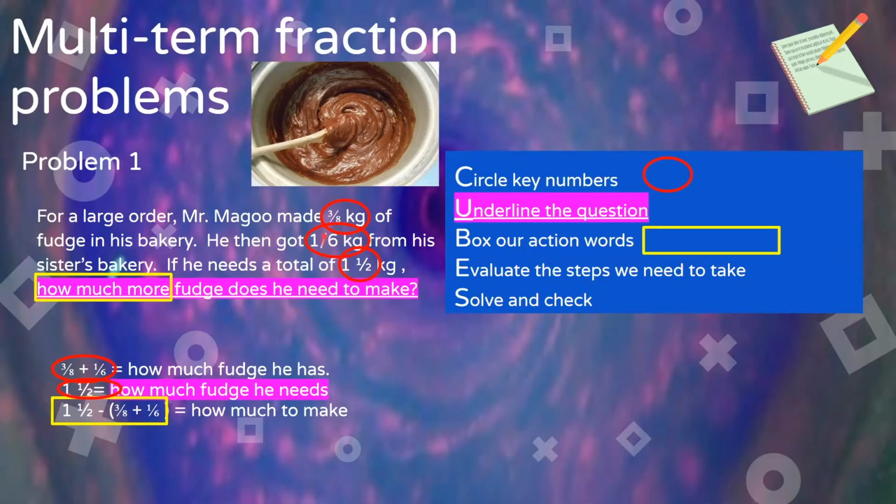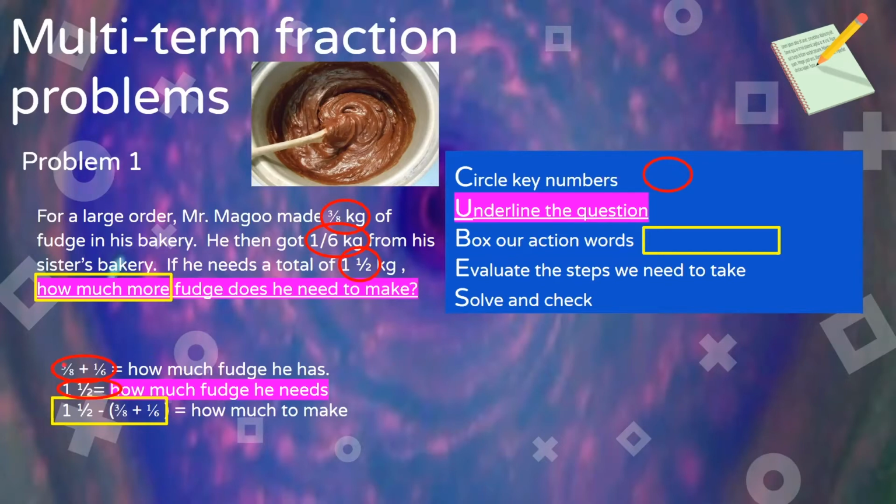So now we've circled what we know. We've circled he made 3/8 of a kilogram, and he got 1/6 of a kilogram from his sister. So if he needs a total of 1 1/2 kilo, how much more fudge does he need to make? So let's look at this and analyze. What do we know?